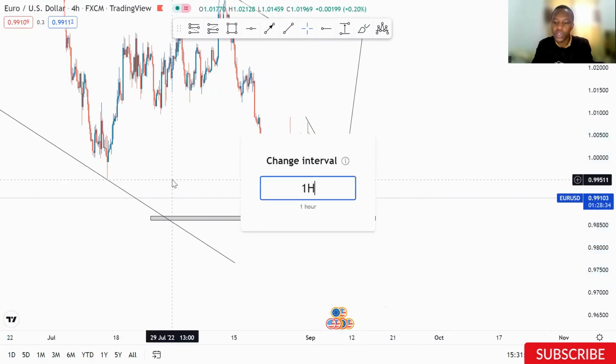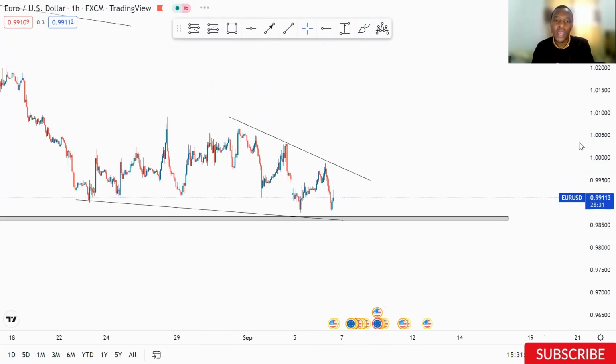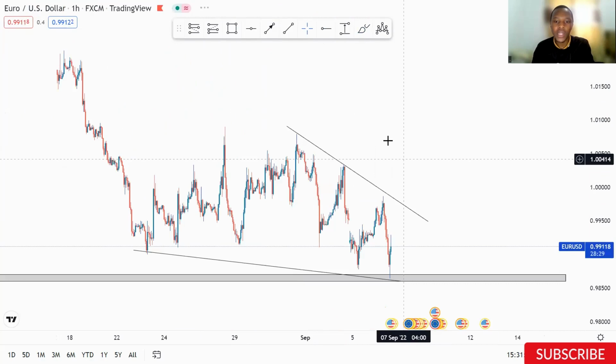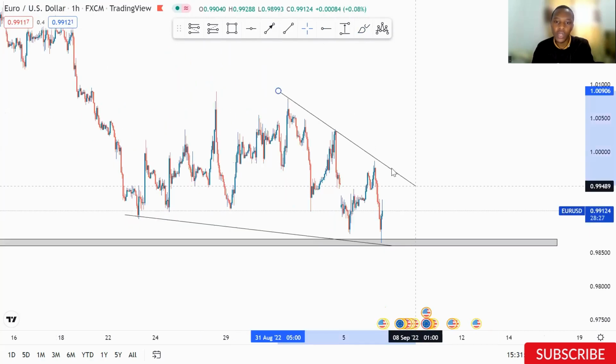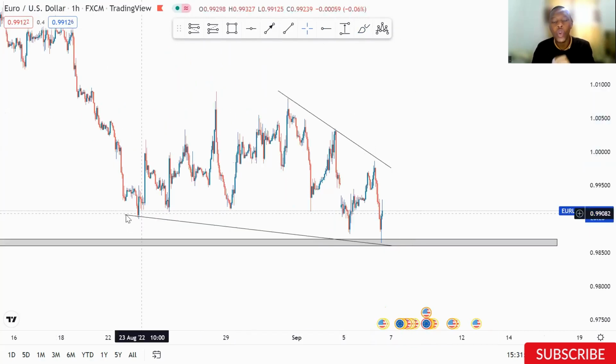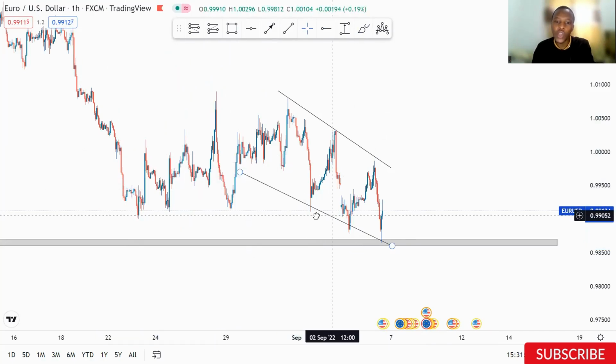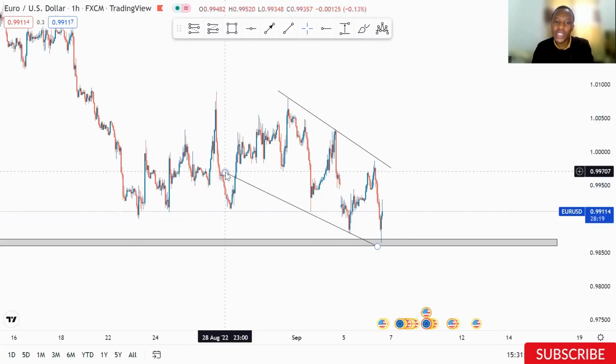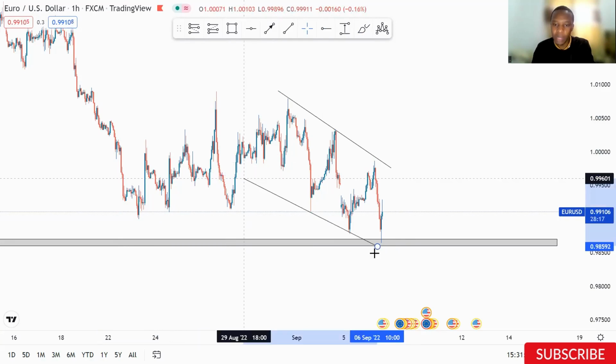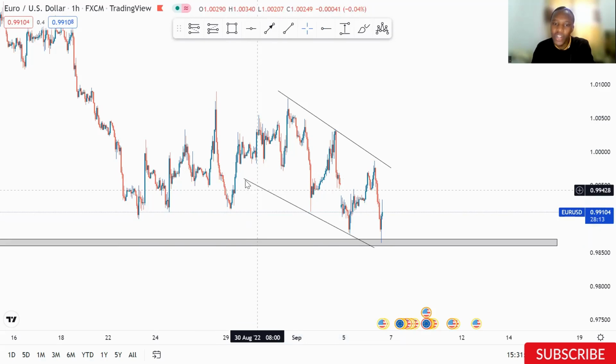Let's check what's going on the 1 hour time frame. Dropping it now to the 1 hour time frame, you will see exactly what I'm talking about, because as you go lower, guys, if on the daily time frame you saw something and it was an impulse, just know that as you go into lower time frames, the clearer it will become.